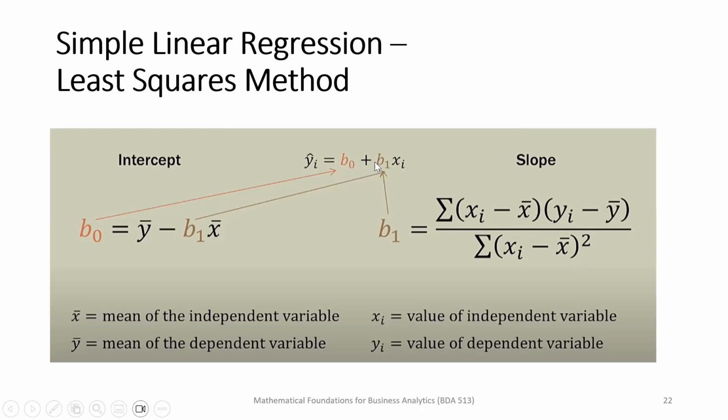For b1, that's the formula you get on your right, and for b sub 0, that's the formula you get on your left. Let's work this with some data and plug it in. Probably it might make more sense to you.